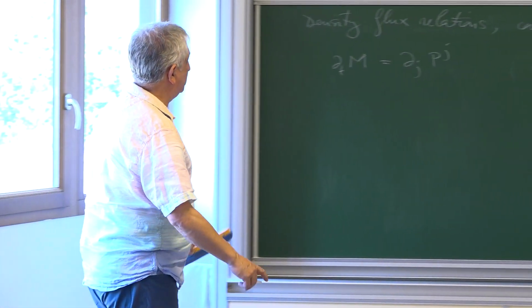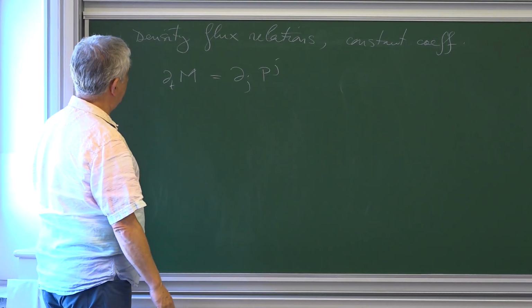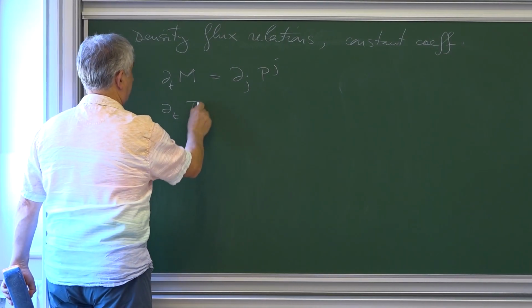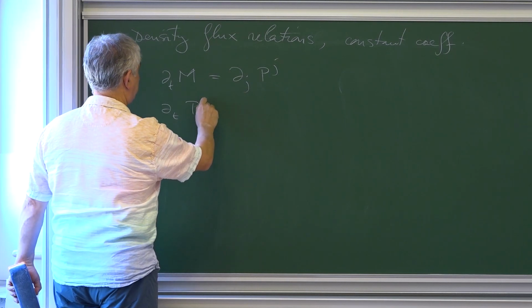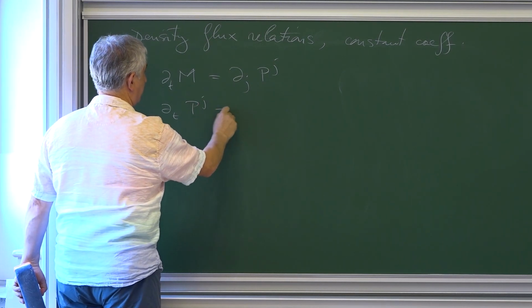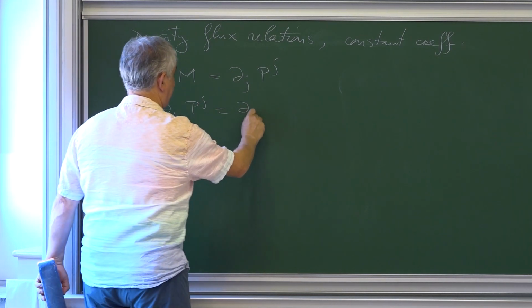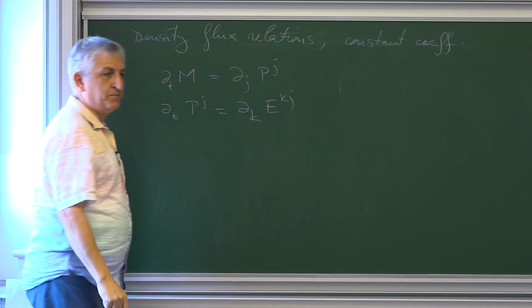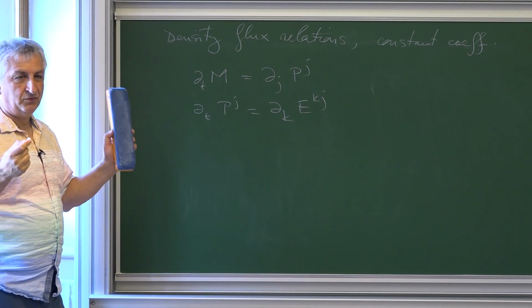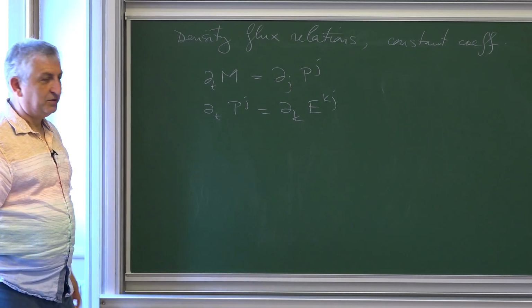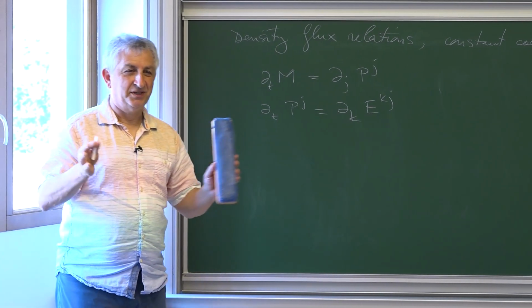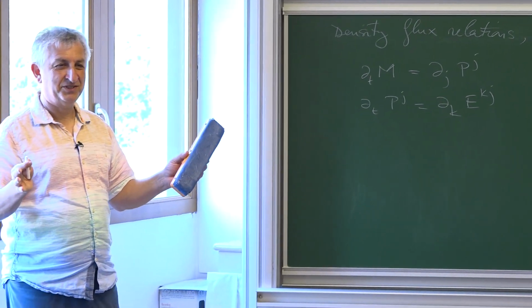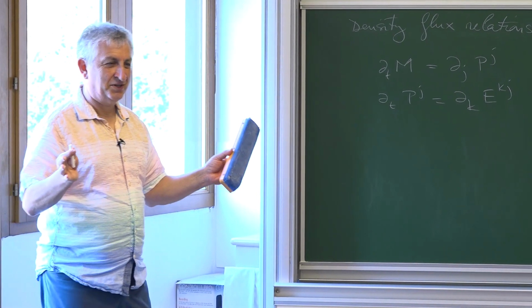Okay, so this is what happens for the flux of the mass, and then you have the flux of Pj, and this is a decay of something that we call Ekj. And the way we work with this, like I was telling you, integrations by parts are sources of errors, so we don't do integrations by parts.